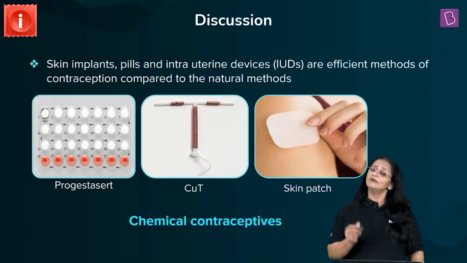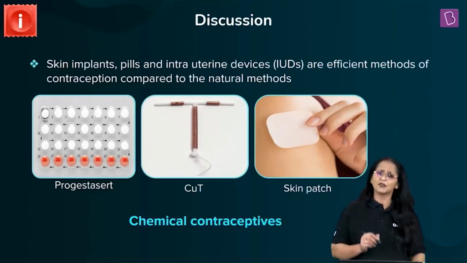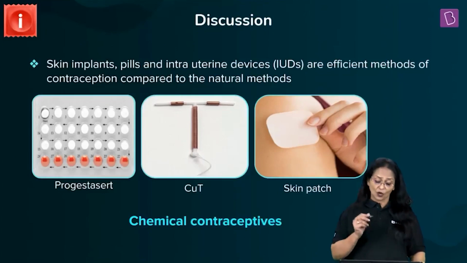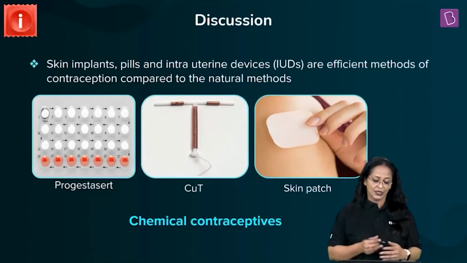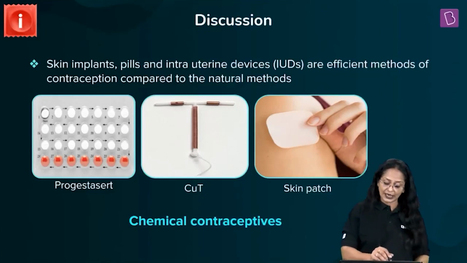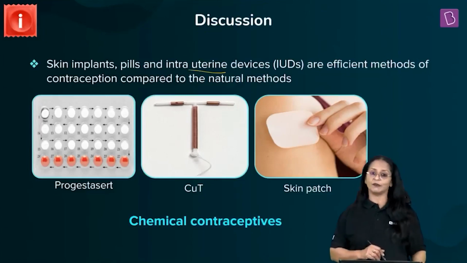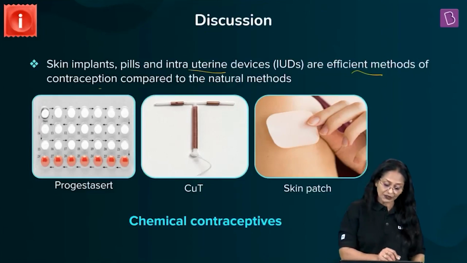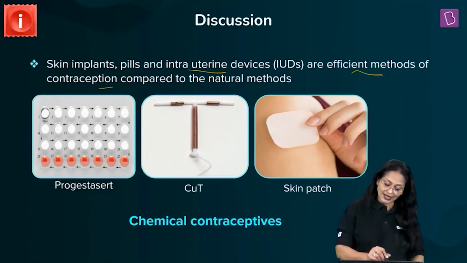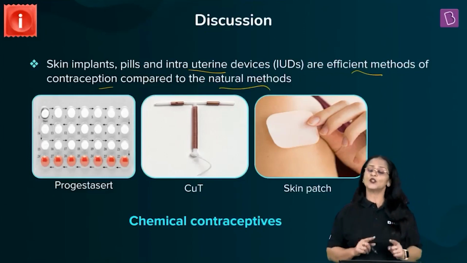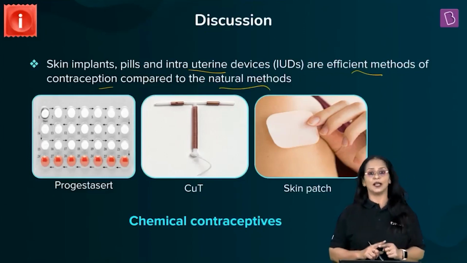Now, pills, also called contraceptive pills, and then implants. All these are chemical methods of contraception. Skin implants, pills, and IUDs, that is intrauterine devices, are efficient methods of contraception compared to the natural methods. See, in the natural method, chances of pregnancy are high.